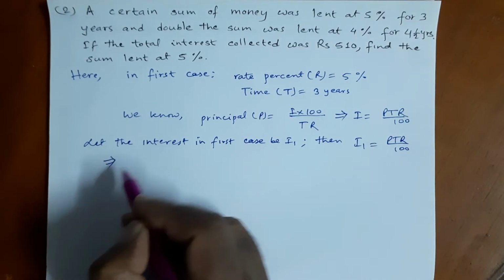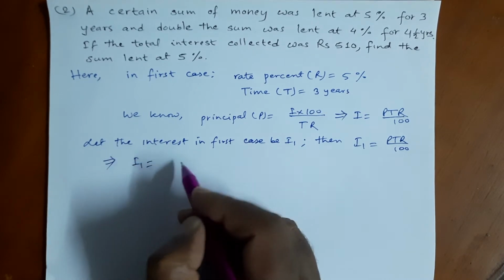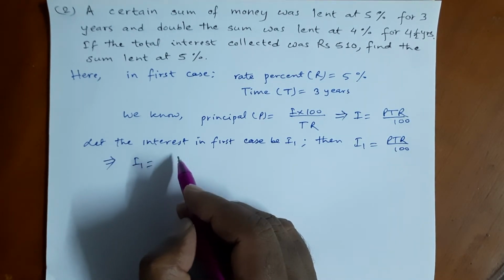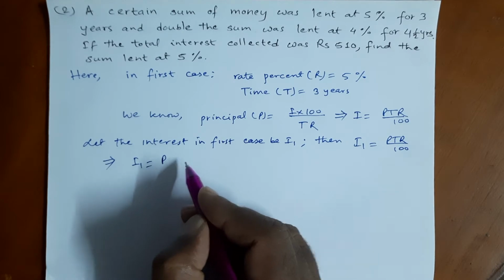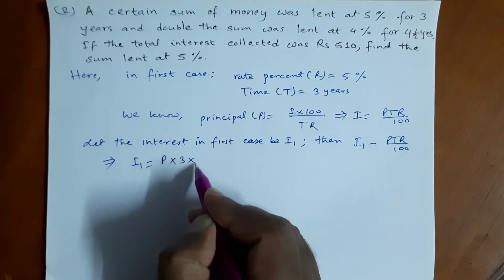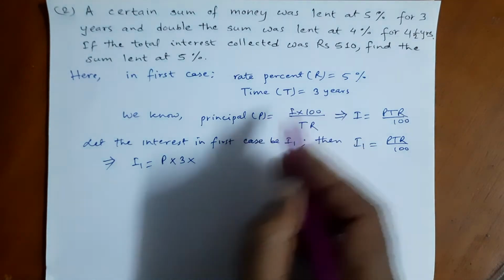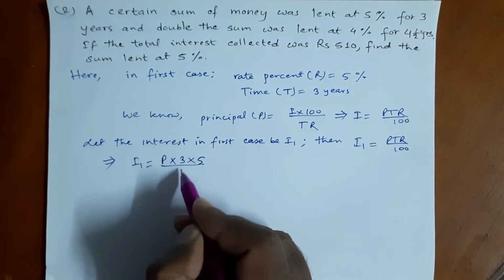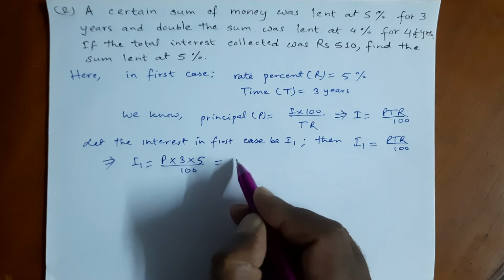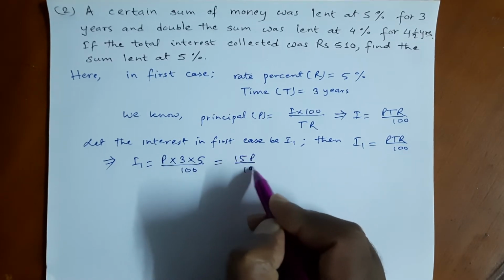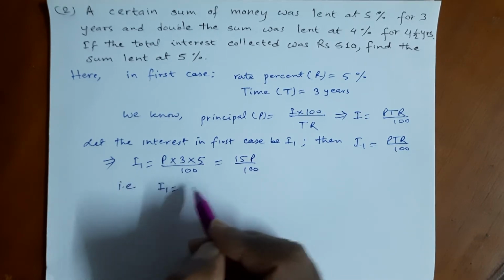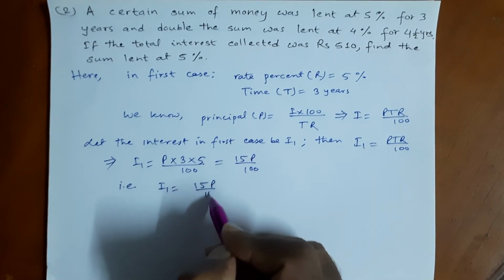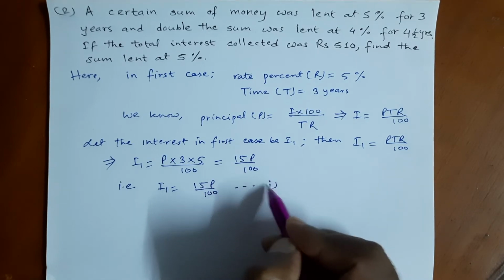This implies I1 equals P, as it is, times time 3 years, times rate 5% over 100. So this equals 15p over 100. That is I1 equals 15p over 100. Let this be equation 1.